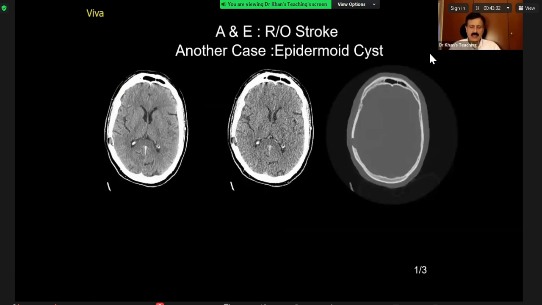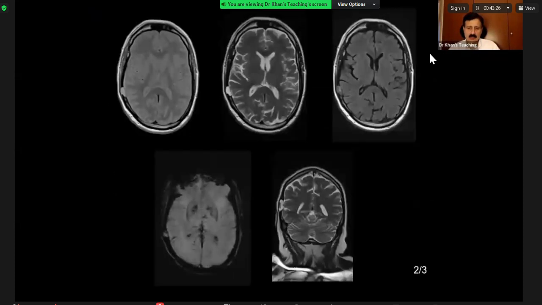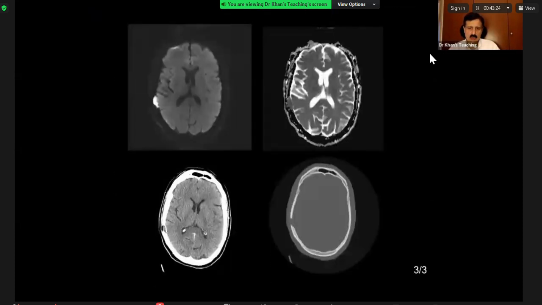By definition, epidermoid cyst shows restricted diffusion, and we can use a DWI sequence to characterize this. This lesion on a CT scan has typical findings, but on diffusion, we are quite confident of what is happening.